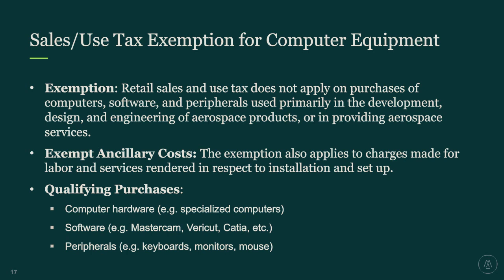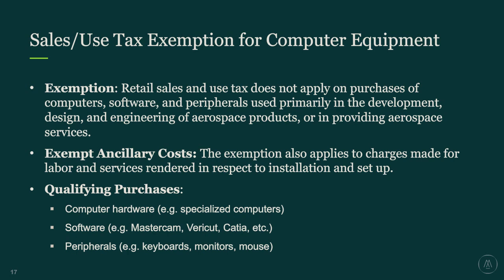Separately, though, software, I think we see a little bit more leniency there, just because programs like Vericut and Katia and things like that are really exclusively designed around this concept of aerospace design and engineering. So those are a little bit easier sell to say this is used primarily in aerospace design and engineering.